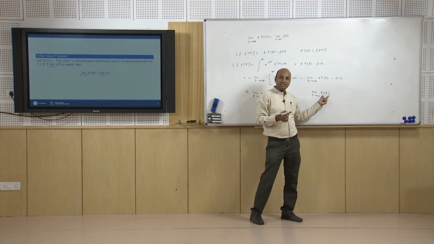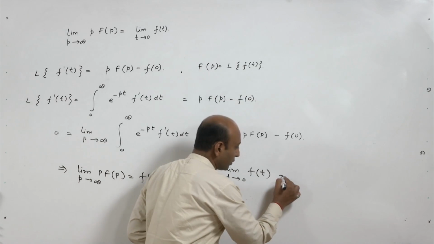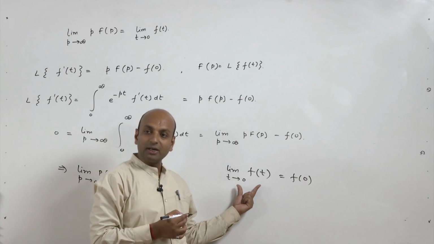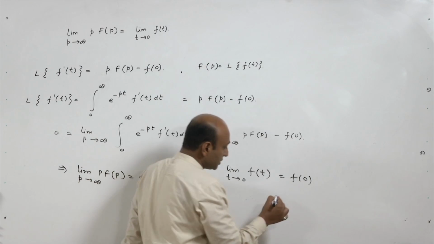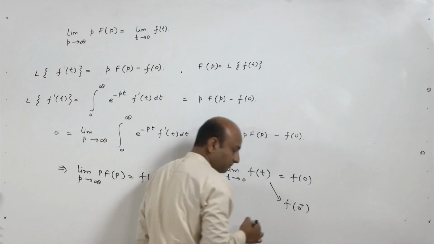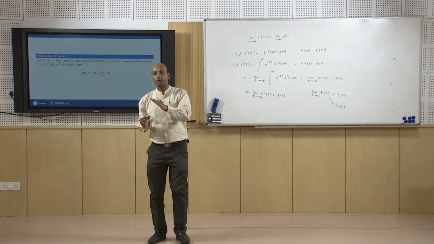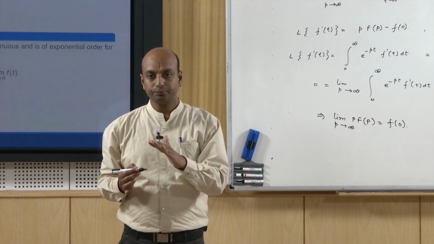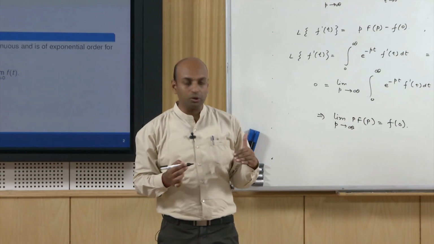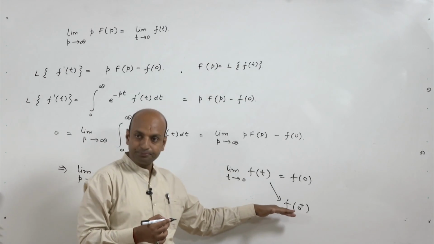If the function is continuous at t equal to 0, this is nothing but f 0. However, if the function is not continuous at t equal to 0, this is nothing but f 0 plus, the right hand limit at t equal to 0.